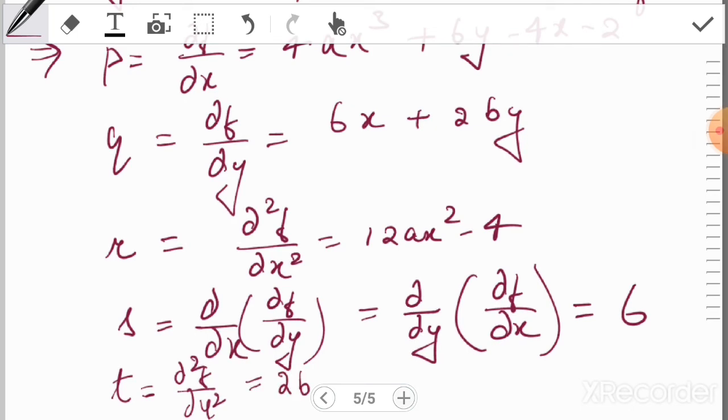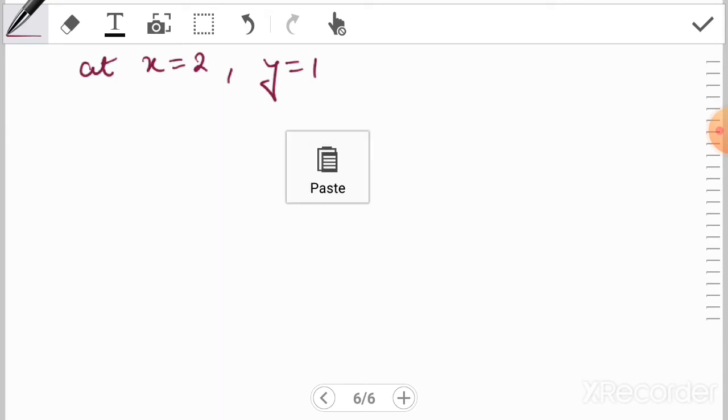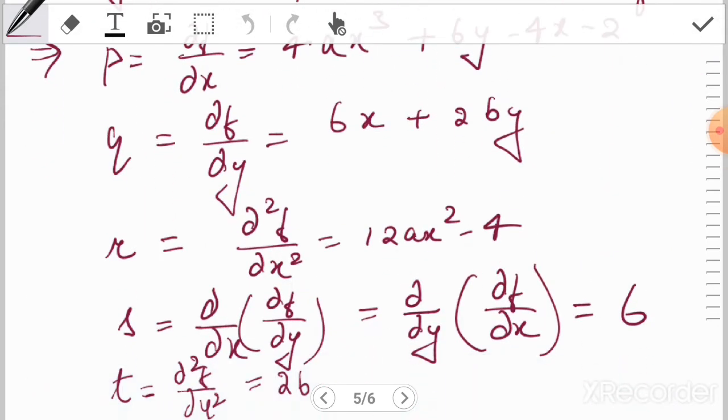Okay, now at x is equal to 2 and y is equal to 1, put the values in r, s and t. So we have r as 48a minus 4, s is 6 and t is 2b.